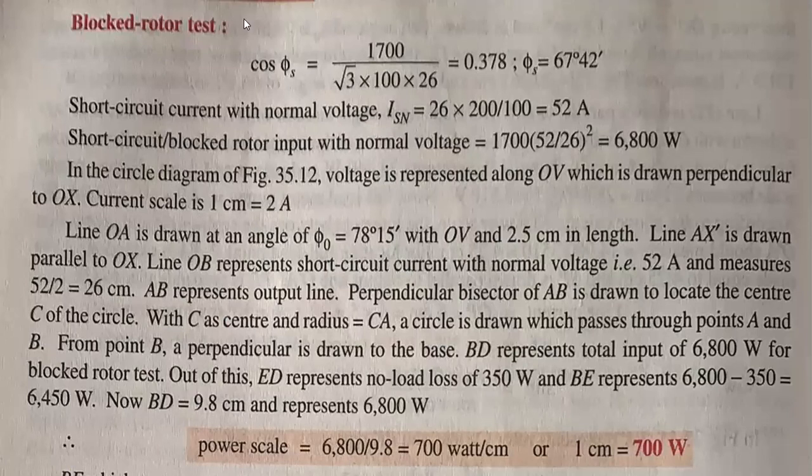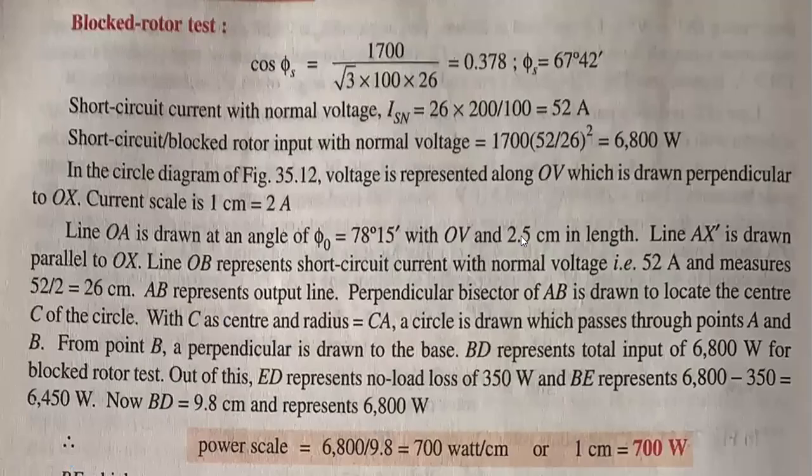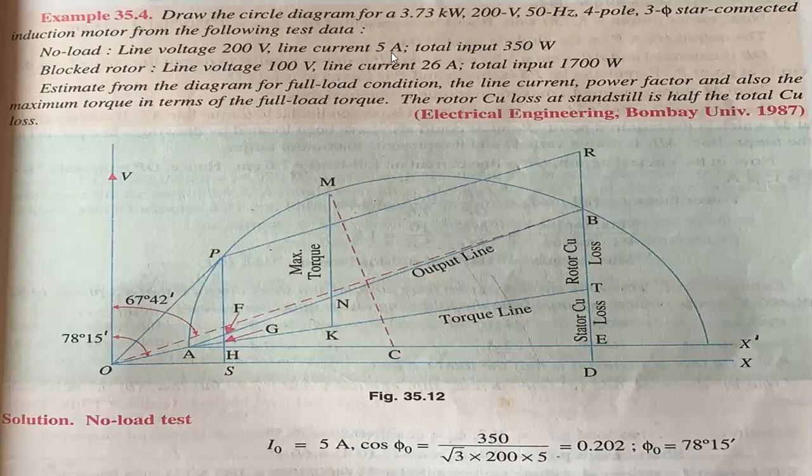Okay, see, line OA is drawn at 78.15 degrees. Now we have to calculate the OA line length. OA is given as the I0, the no load current, which is 5 amperes. Now this 5 amperes should be converted into centimeters.